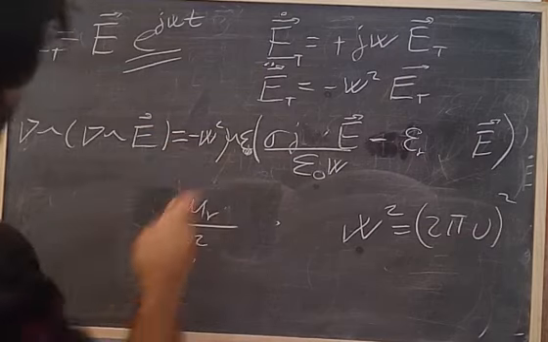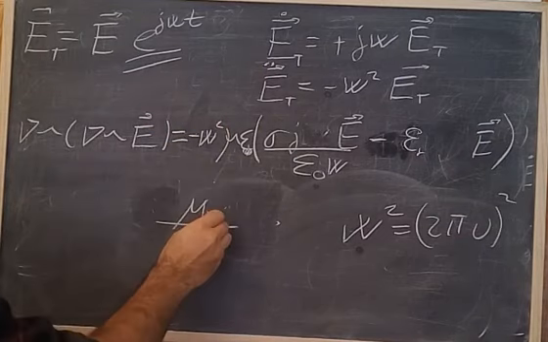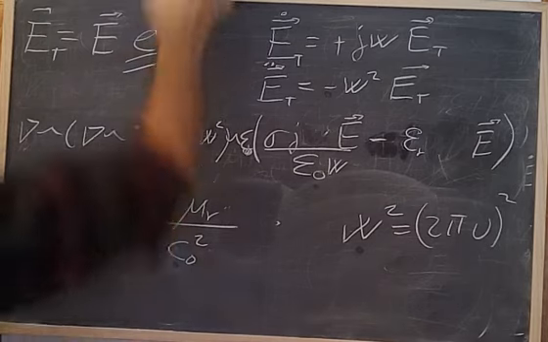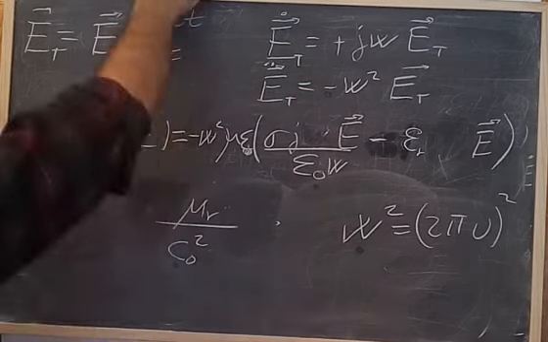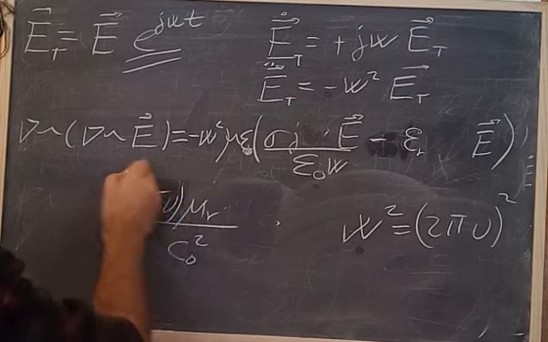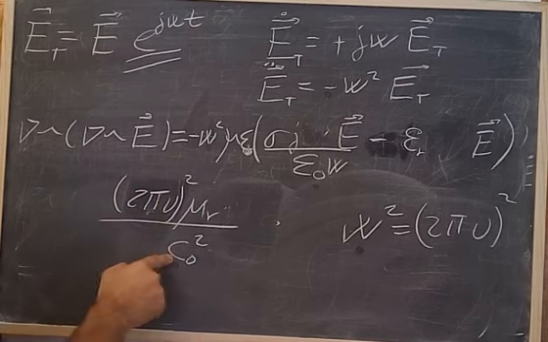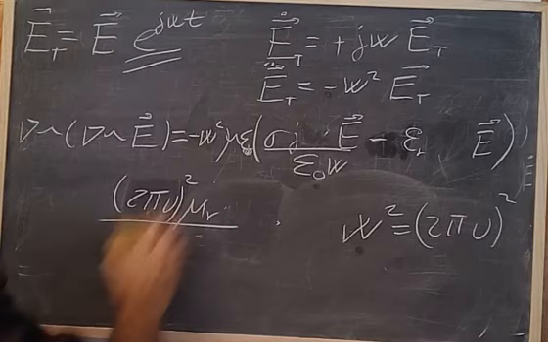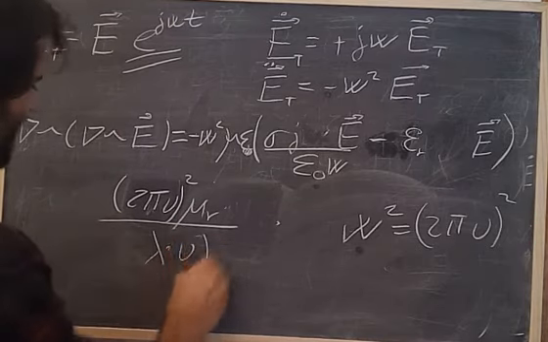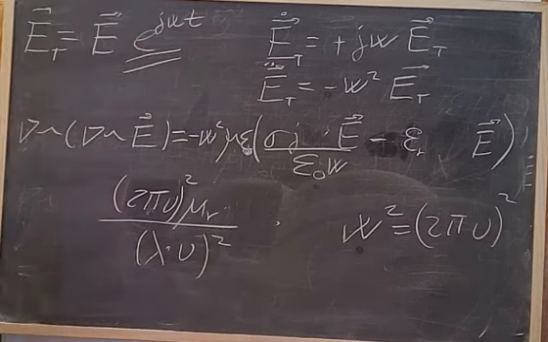So I can write here this and replace it by its value, which is 2 pi nu squared. This is the wavelength multiplied by the frequency squared.